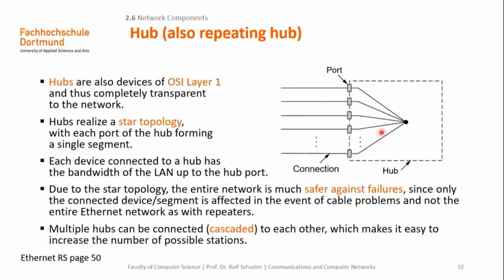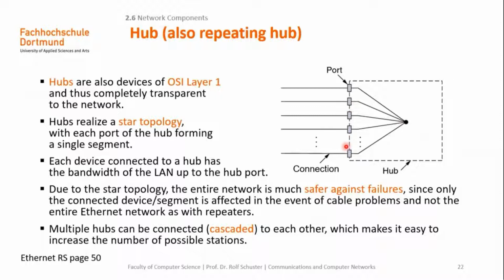In fact, the hub constitutes a concentrator of point-to-point links with different stations or other hubs, and the hub transforms the star topology into a logical bus topology. That is, the hub receives the digital signal, decodes the digital signal, and re-encodes another digital signal, and transmits that new digital signal over the other ports of the hub.